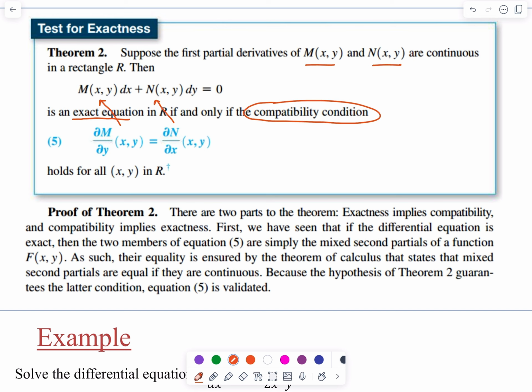I do want to point out that any first order differential equation dy/dx equal to some function of x, y can be written in this form.